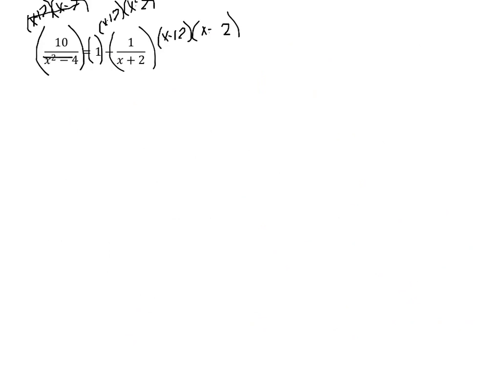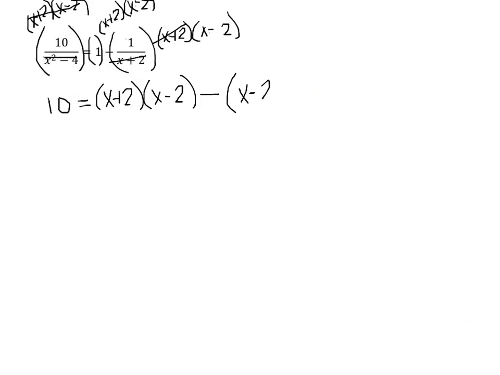The whole denominator here cancels. You're left with 10. 1 times all of that will give you x plus 2 times x minus 2. And then minus, we can see that the x plus 2's cancel. 1 times x minus 2 would be x minus 2.